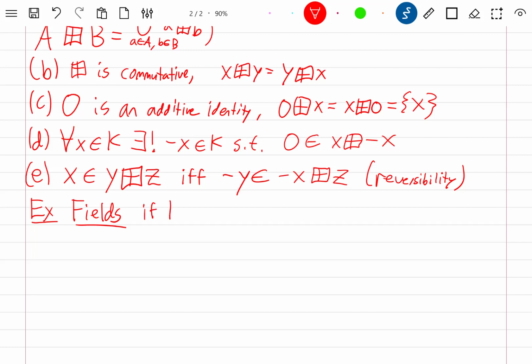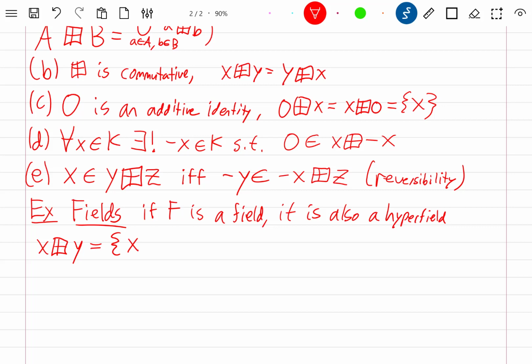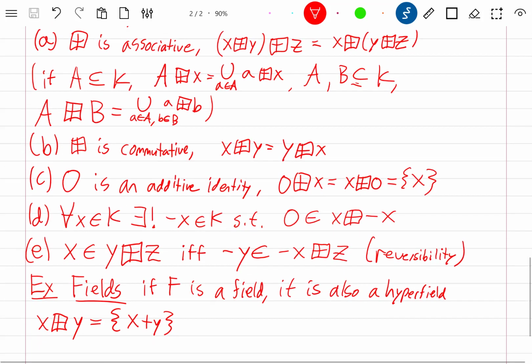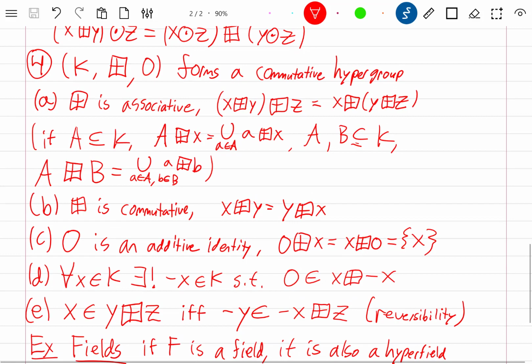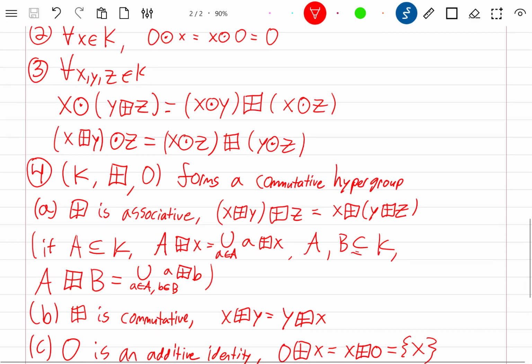So if F is a field, it is also a hyperfield, where we just define our sum x plus y in the hyperfield sense to be the sum x plus y in the field sense. And then multiplication is just your usual multiplication of fields, and then you can check that with this definition, it satisfies all these axioms.